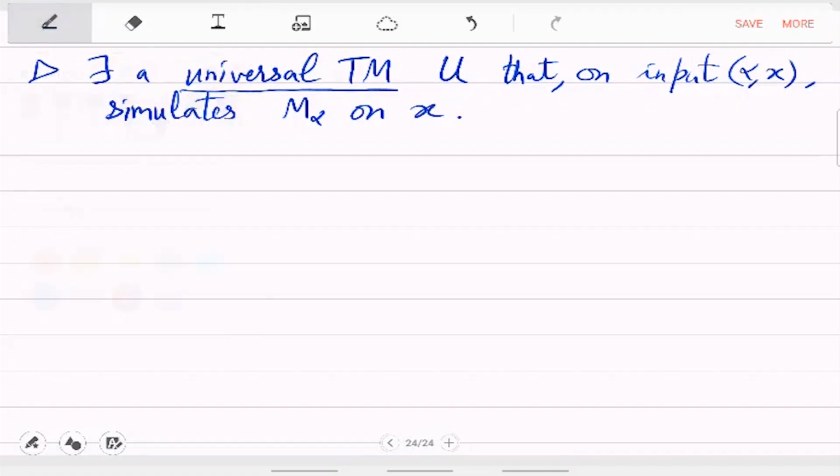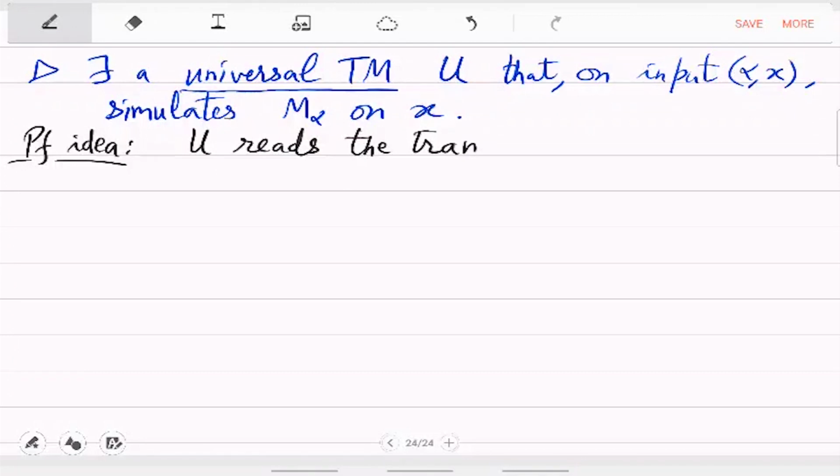This again you can do as a homework exercise. Let me just say it's a proof idea, not the formal proof. The formal proof you can write down. So U reads the transition function delta of M alpha and decides the next step.